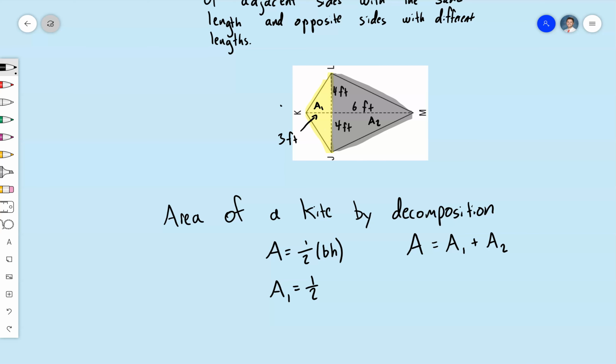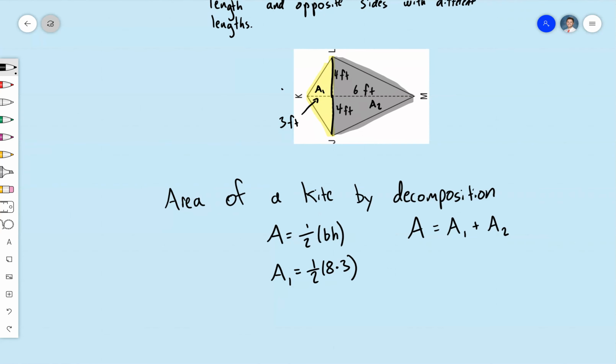And then we can see each of these sections here is 4 feet. So that would mean our base for the triangle is 8. So you've got 1/2 times 8 times 3. We know that 8 times 3 is 24, so 1/2 of 24 would be 12. So the area of our first triangle is 12.